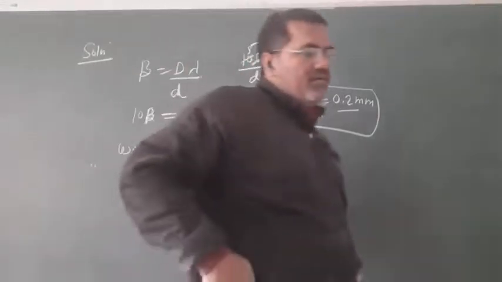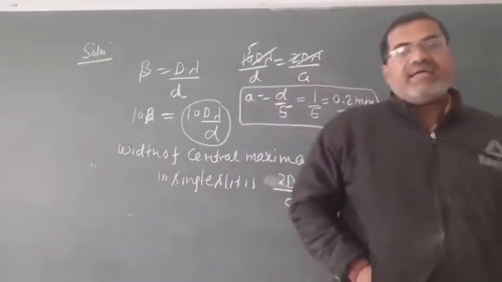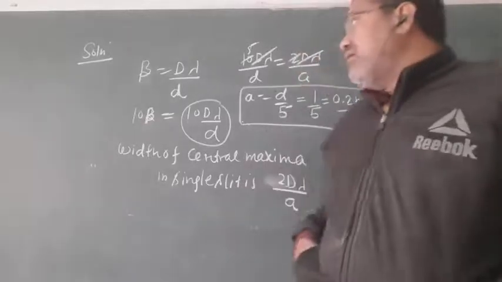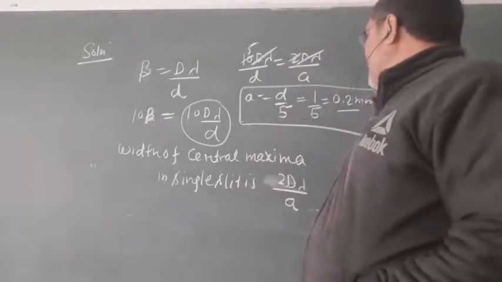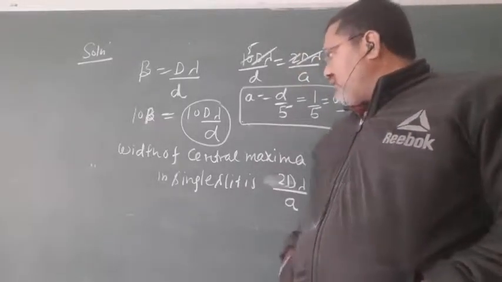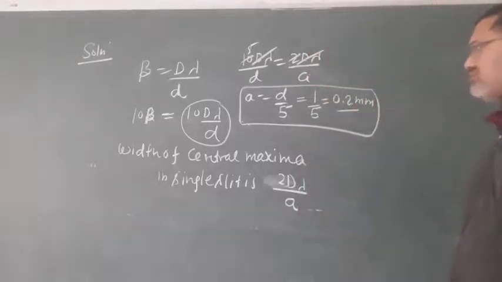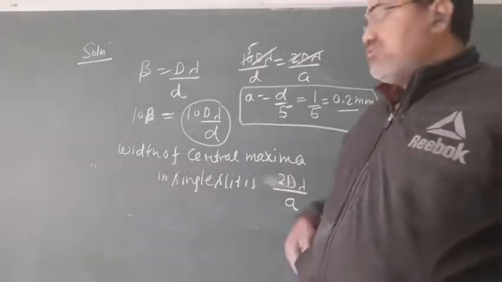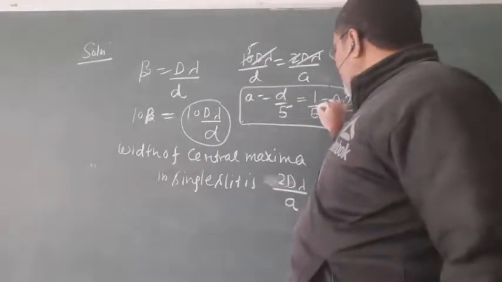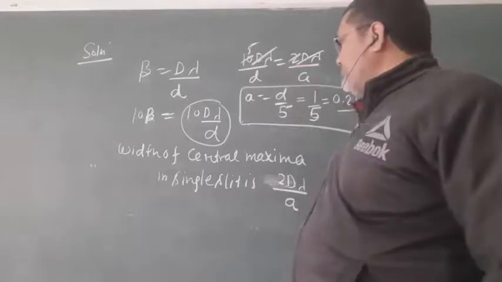It means the width of 10 maxima is equal to the width of the central maxima in the diffraction pattern. So the aperture must be 0.2 millimeter for that. So this would be the answer for that question. So write it down.